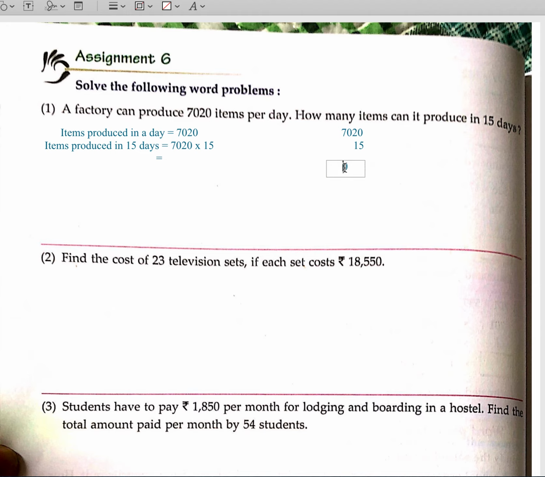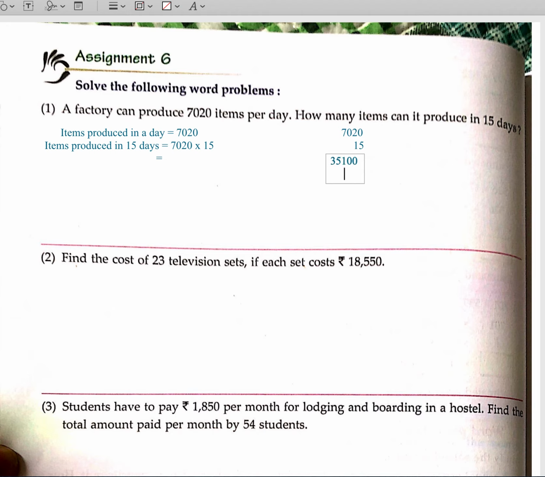So we'll write 0 again and we'll do 1 carryover. Then 5 into 0 is 0 plus 1, which is equal to 1. Then we have 7 into 5, which is equal to 35.